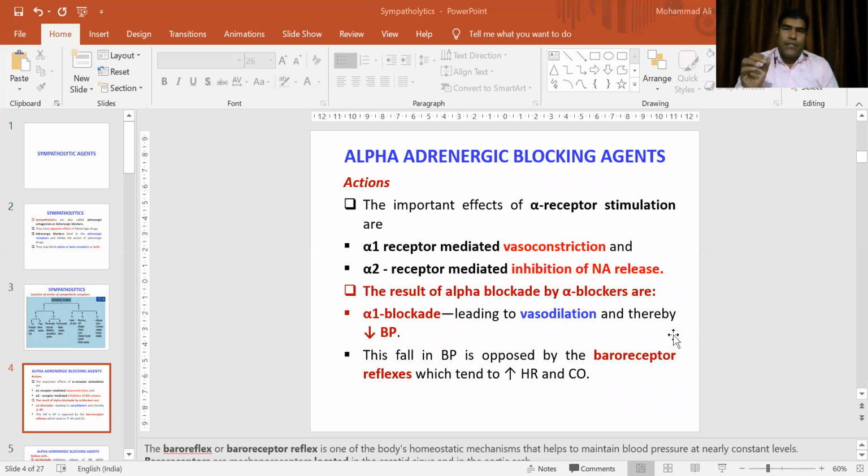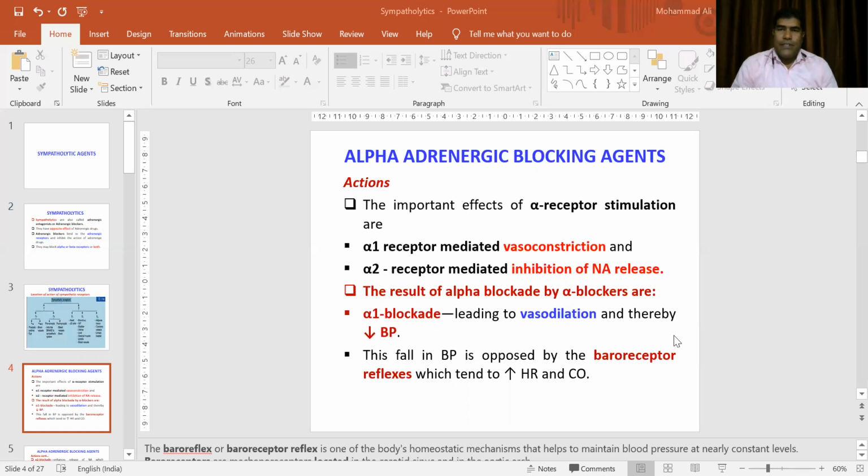The important effect of alpha receptor stimulation is alpha 1 receptor mediated vasoconstriction. Through the alpha 1 receptor, they induce vasoconstriction that may induce complications such as asthma.